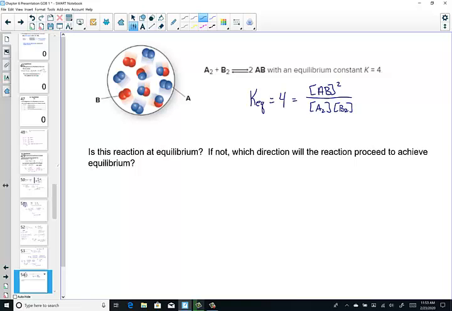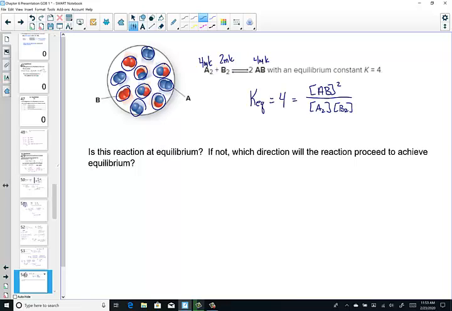Oh, well, let's figure out what's in here. I have 1, 2, 3, 4 molecules of A, and I have 1, 2, 2 molecules of B and 1, 2, 3, oh, here one more, 4 molecules of AB.